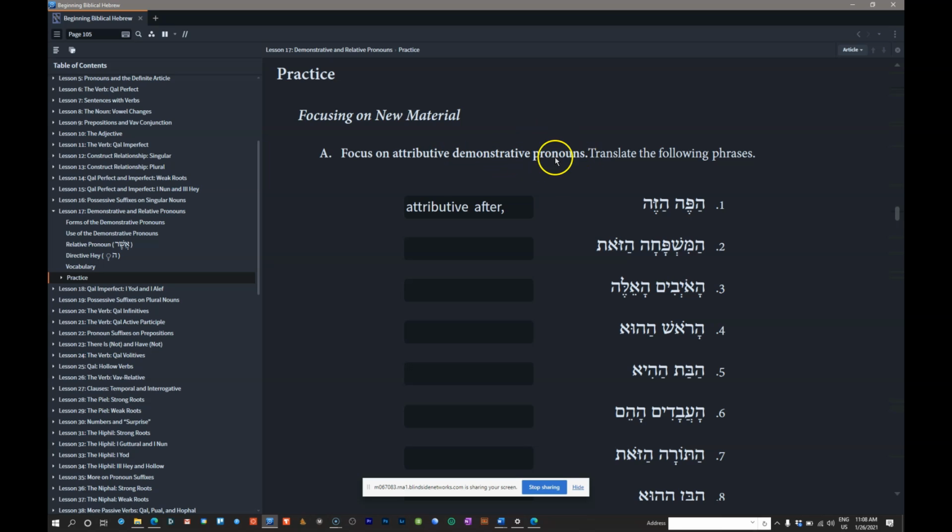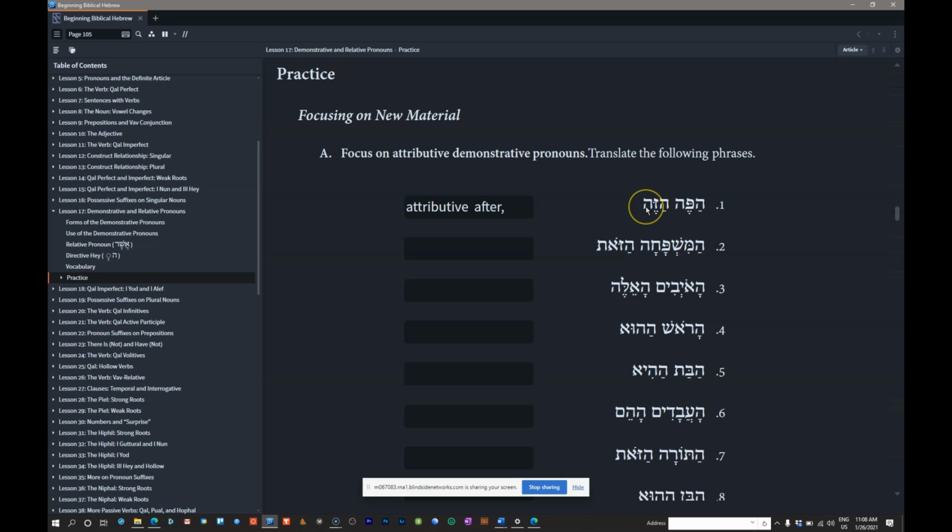Adjective versus pronoun, that's basically talking about the function, what sort of relationship the demonstrative has toward its antecedent, I guess.